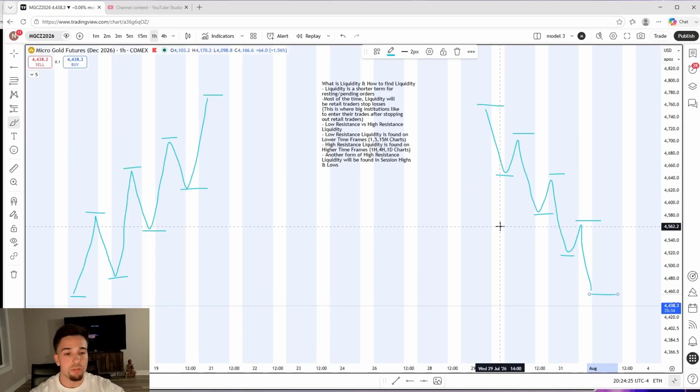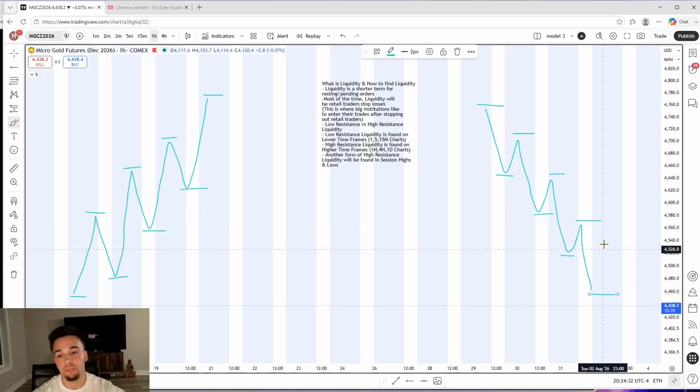So what do hedge funds or big institutions usually like to do? Let's say they want price to go lower in a bearish market. They want price to inevitably go lower, but they need a place for entries.